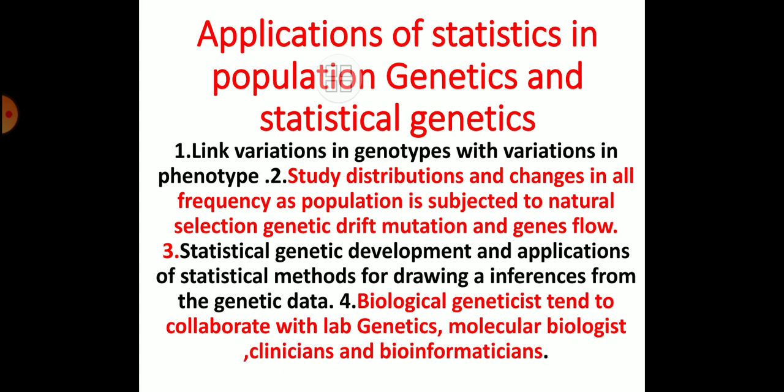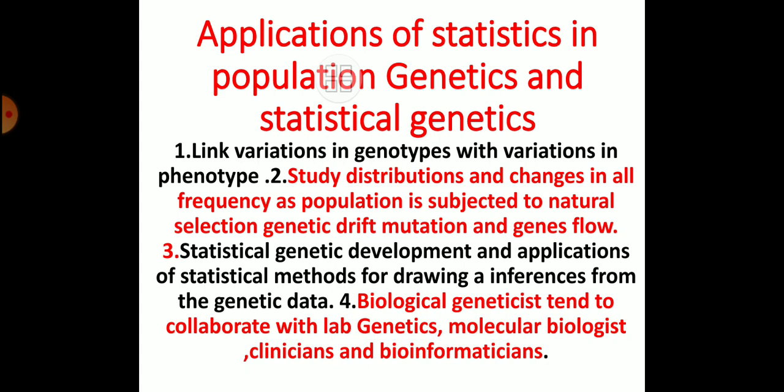So in case of natural selection, in case of genetic drift, in case of mutation, that is sudden changes, and in case of gene flow also, we can understand with the help of statistical techniques.